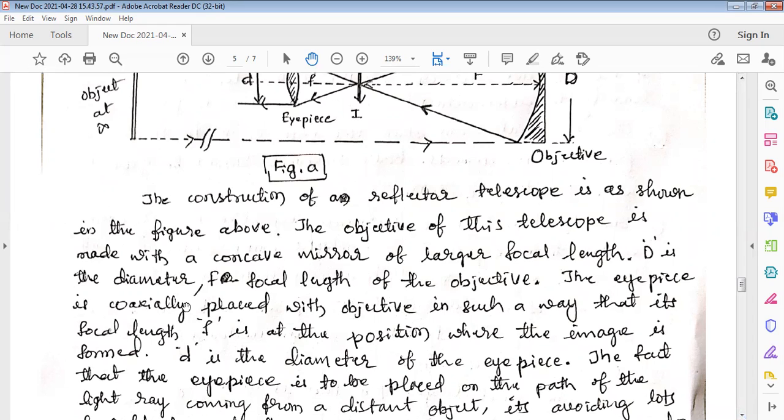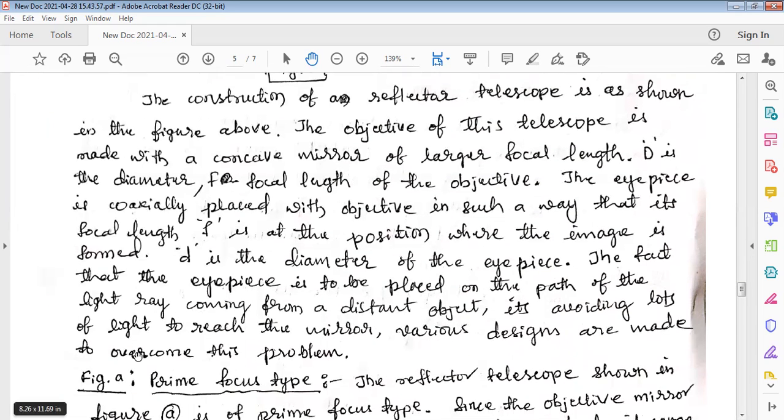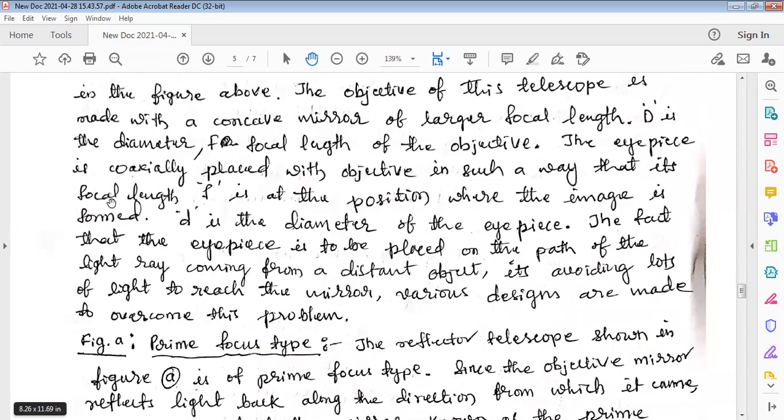Capital D is the diameter and capital F is the focal length of the objective. The eyepiece is coaxially placed with the objective in such a way that its focal length, small f, is at the position where the image is formed due to the concave mirror. Small d is the diameter of the eyepiece.